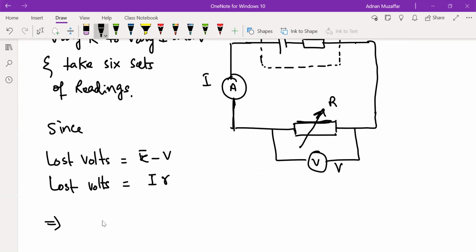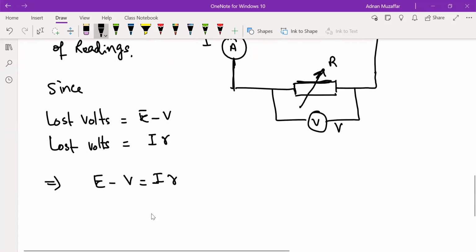So I can say that E minus V equals IR. I've already done this step before, I'm just repeating it. Now by Ohm's law, can I write capital V as I into capital R, because it was the PD across this resistance. So I can write like this.